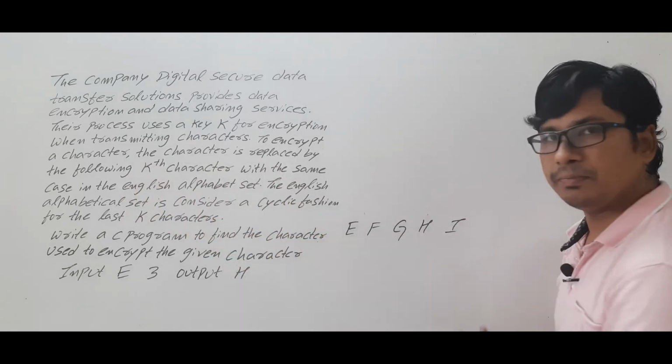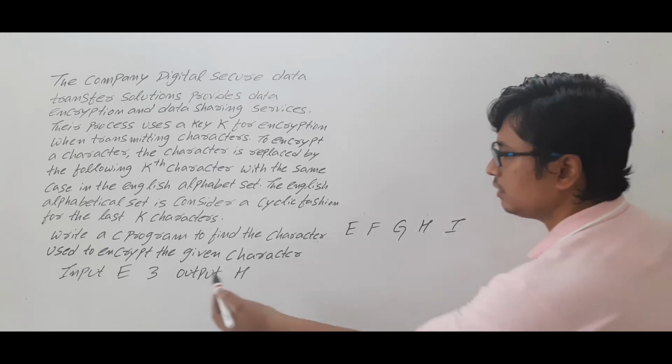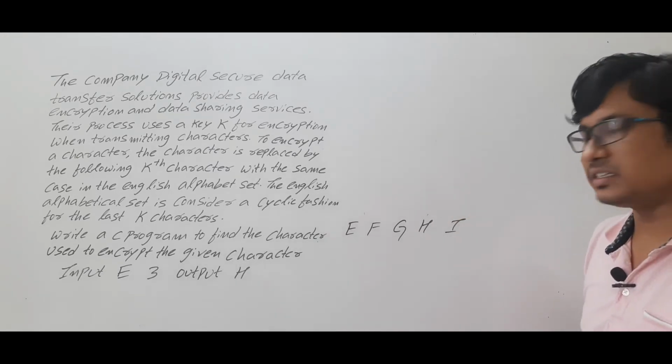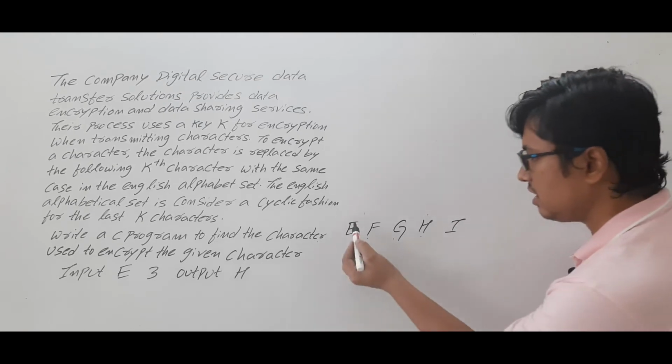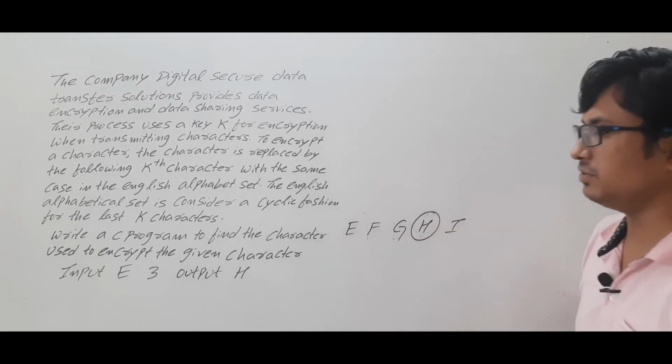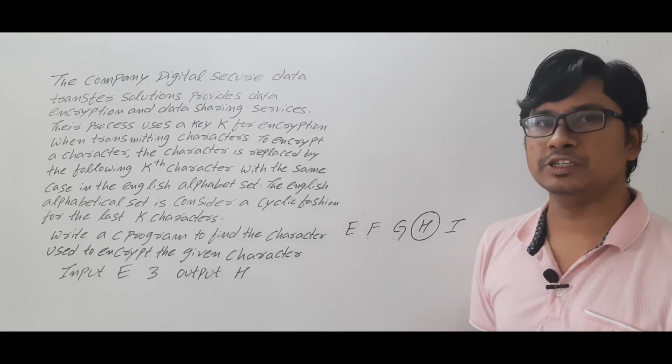So E will be replaced by what we need to look at. The value k they have considered here is 3. So this is the first character, this is second character, this is third character after E. So it will be replaced with capital H. So the output should be displayed as capital H.